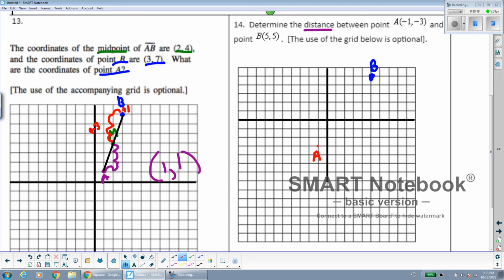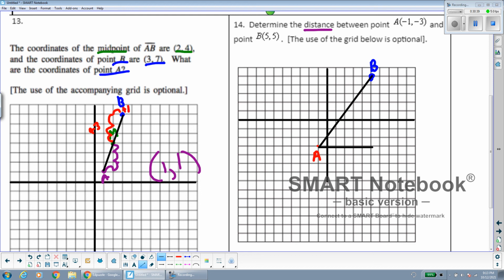Okay. So I'm just going to connect those with my straight edge if my mouse will decide to work. So I'm going to connect with my straight edge from A to B. And I just want to form a right triangle.